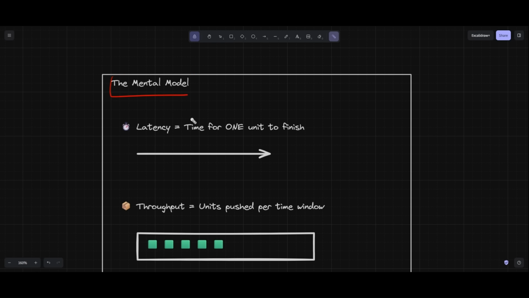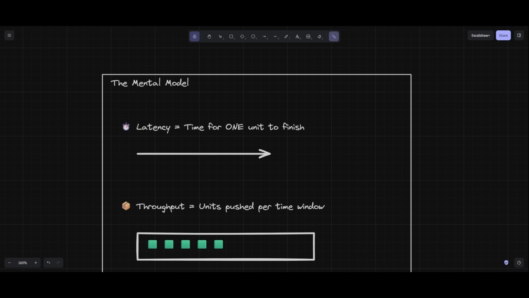Okay, so let's define them first, in a very simple way. Latency is the time it takes for one single unit of work to completely finish, right? If you have a message, it's the exact stopwatch time from when you say go to when the message arrives at the destination. It's a measure of time.